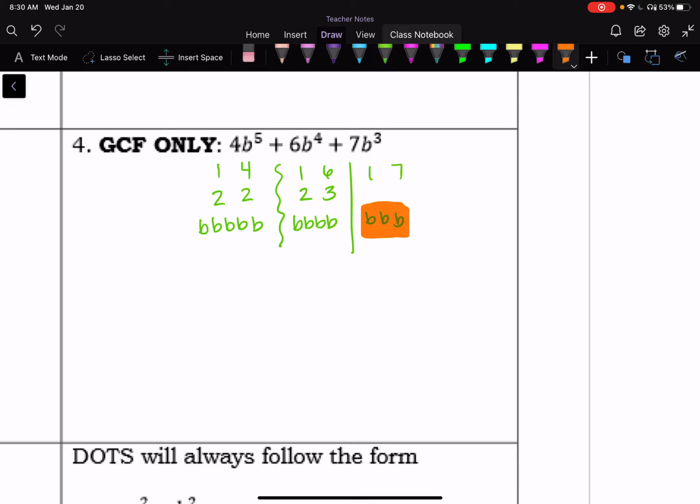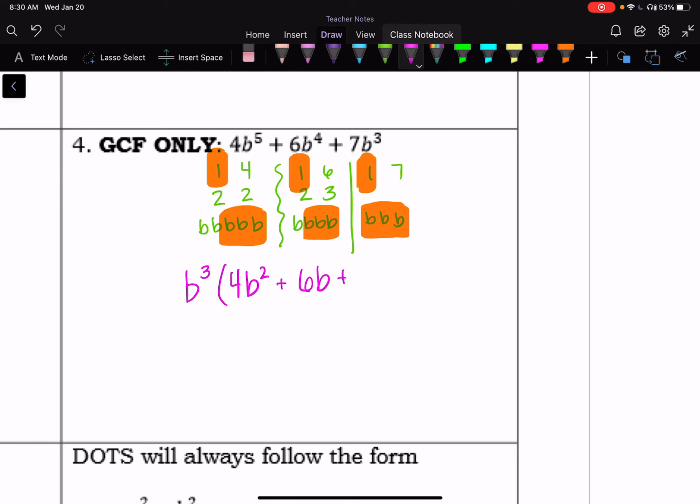So the greatest amount of b's that they share is 3. And the only number that they have in common for the GCF is 1. But remember, we don't normally write 1 for the GCF. We just take out what we can, which is the 3 b's, or b cubed. And I'm left with 4b squared plus 6b plus 7.